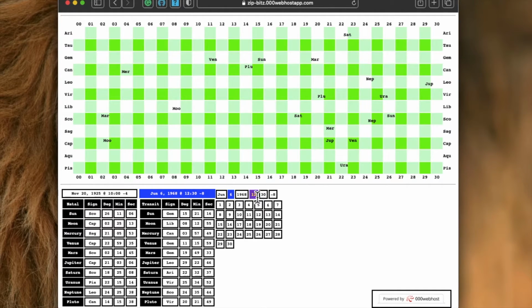So it was a little misleading there, because let me go back to the 5th and let me change the time and see what's going on here. So you can see that the moon was in a different place altogether. And here it is making a square. Here it is making a square with transiting Mars. So something's afoot.